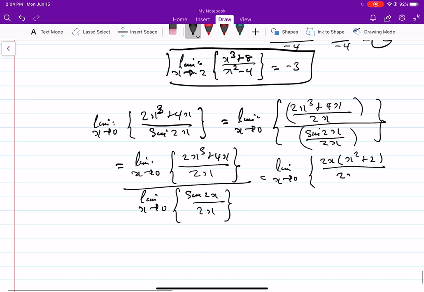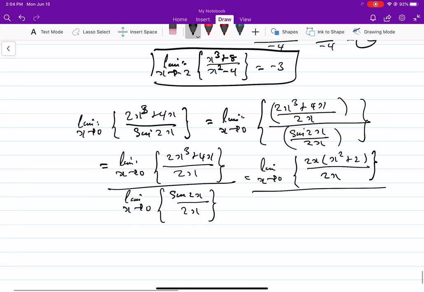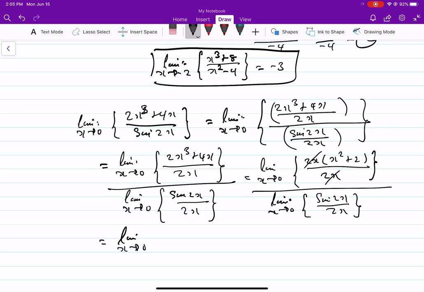This 2x will cancel with that 2x. That becomes the limit as x is approaching 0 of x squared plus 2, all upon the limit as x is approaching 0 of sine 2x upon 2x.